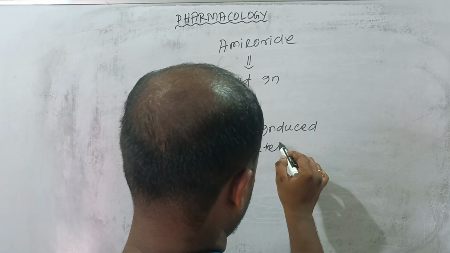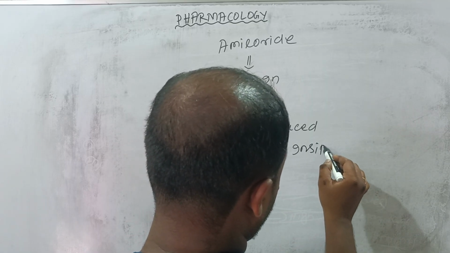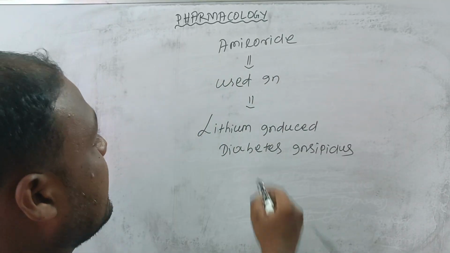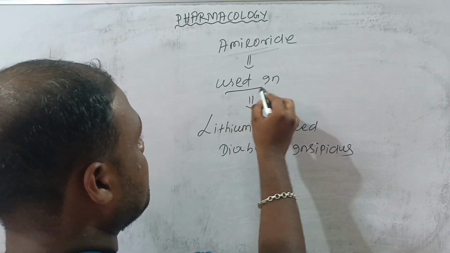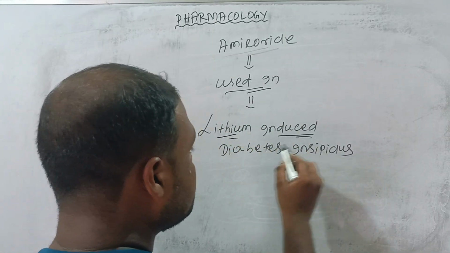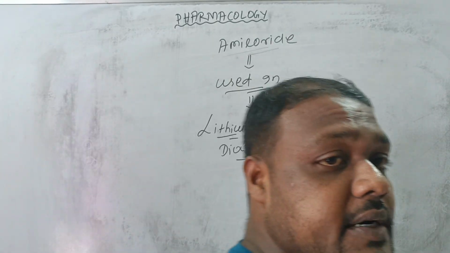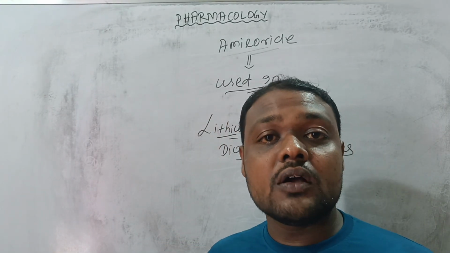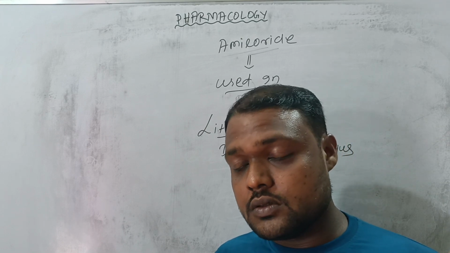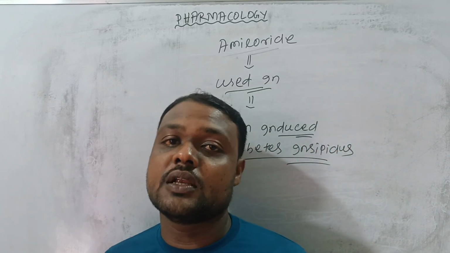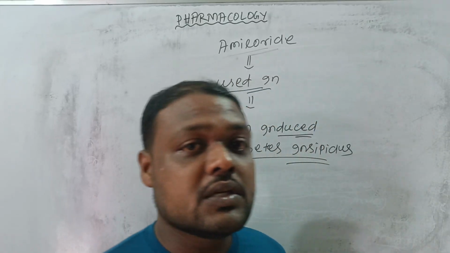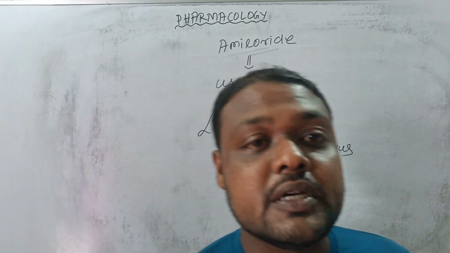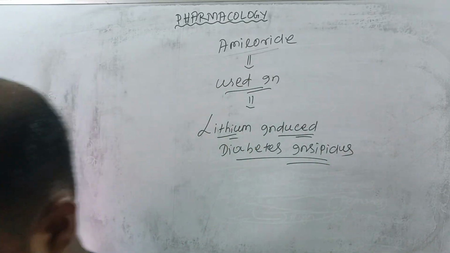What is diabetes insipidus? Diabetes insipidus occurs when there is a lack of vasopressin secreted from the pituitary gland. That is diabetes insipidus.